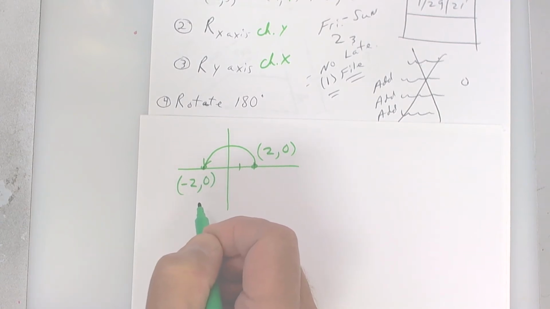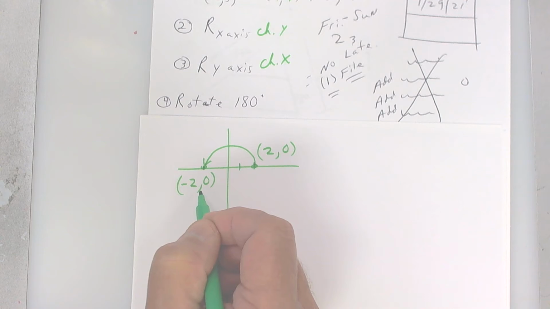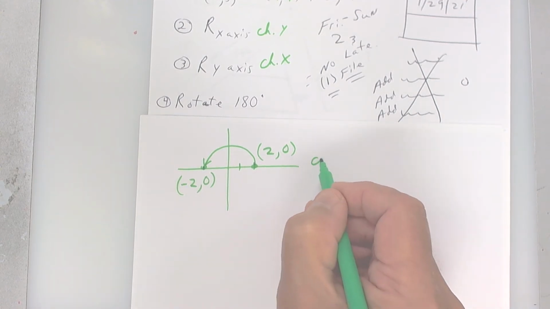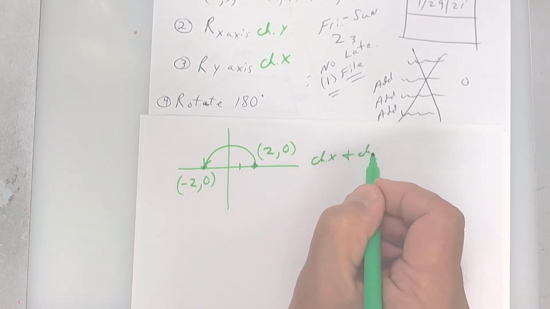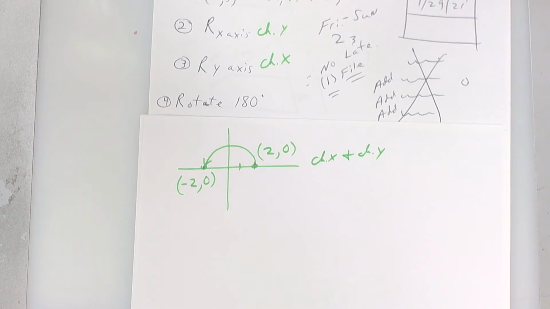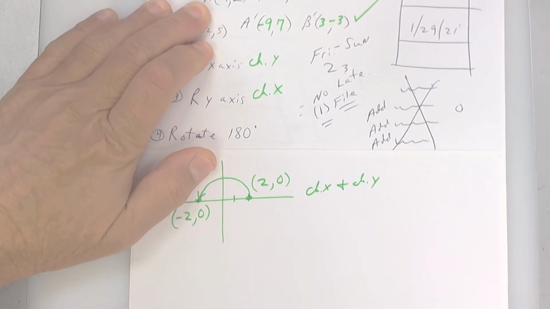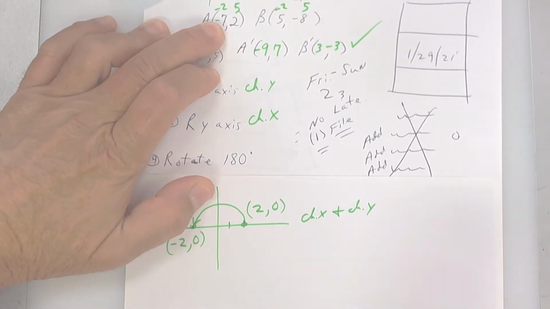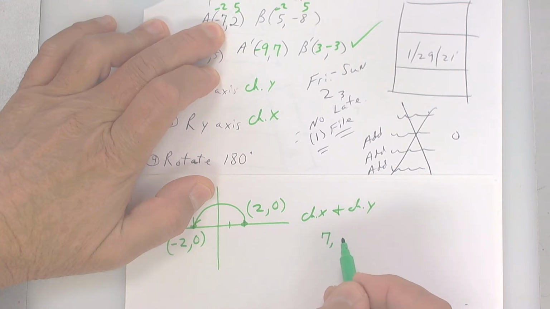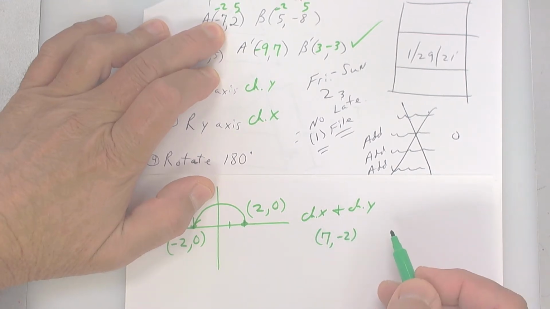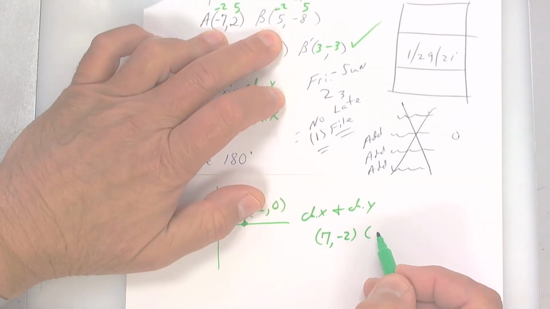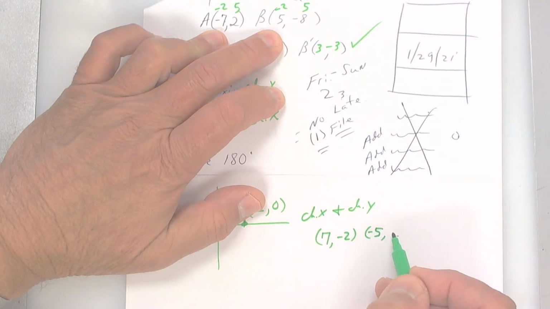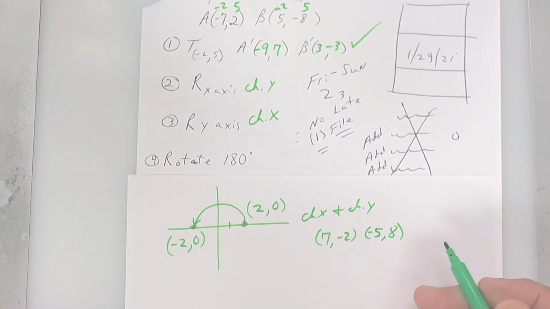Now maybe that's not a good point to use. But I think you just change the x and change the y. So change x and change y is what I'm going to say. So for point A right here, you're going to change the x, which is going to be 7, and change the y. You're going to change the x and change the y.